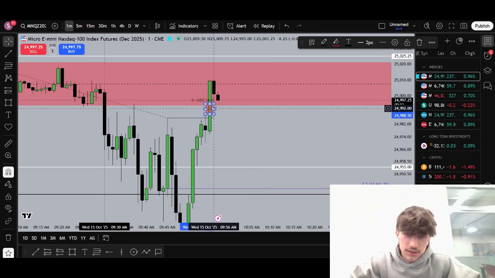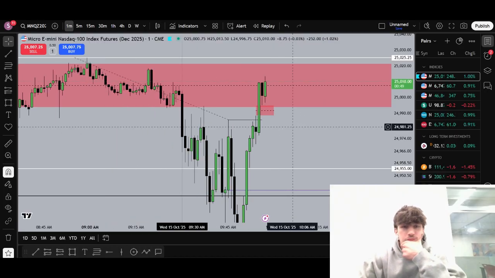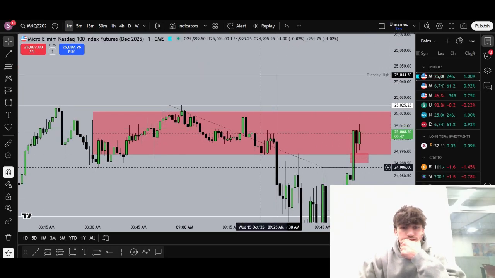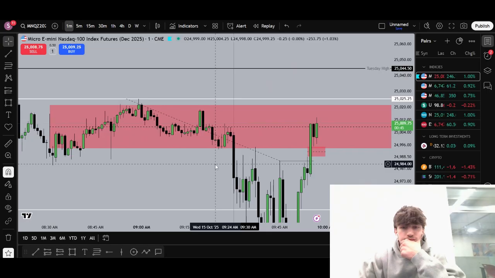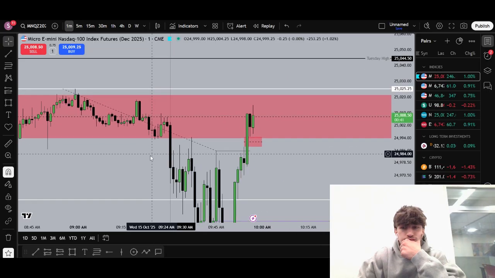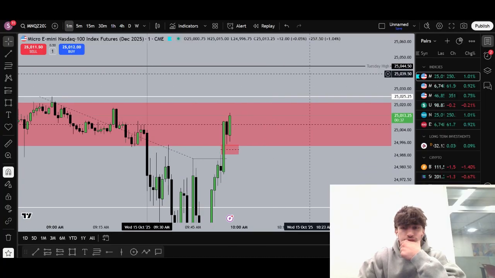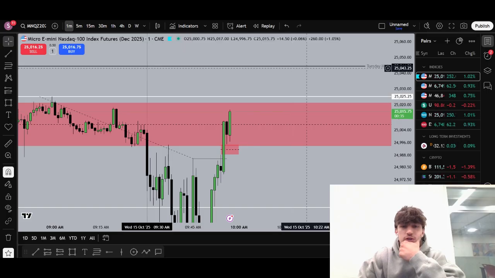If this gap gets violated, we're entering shorts. And it looks like it'll work out that we can put our stop above here.